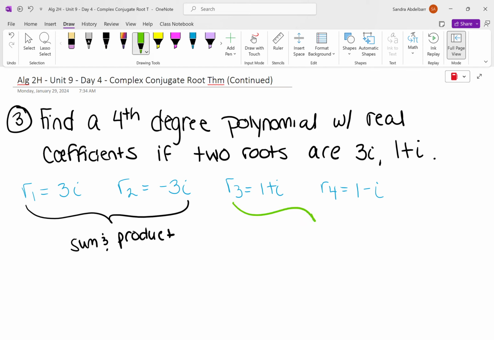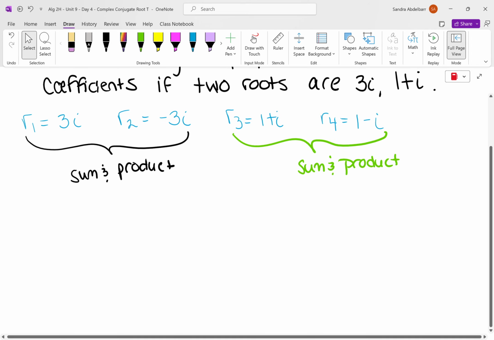Then I will use sum and product again on roots 3 and 4 to find the quadratic that gave me those roots. Once I find the 2 quadratics, what do you think I'm going to do with them to find the original polynomial? We're going to multiply those 2 quadratics together, and that will give me the 4th degree polynomial.